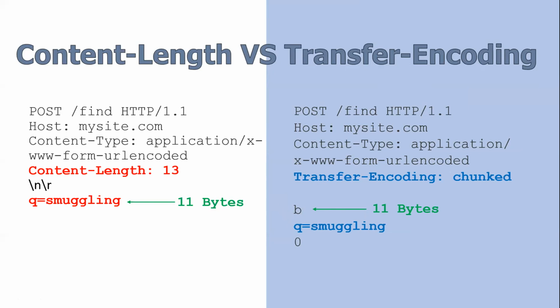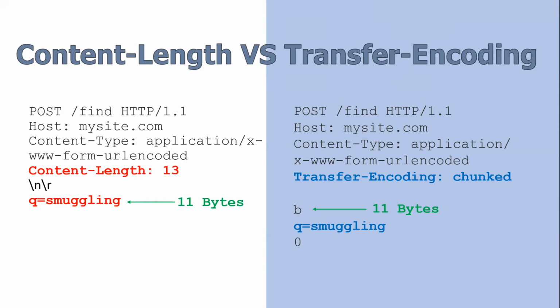And what you're actually seeing here is, okay, look, this request is based on transfer encoding. This chunk is 11 bytes, and the next chunk is 0. When you say 0, you mean, okay, I'm done. No more chunks, that's it. So you have two different ways to say when a request ends.